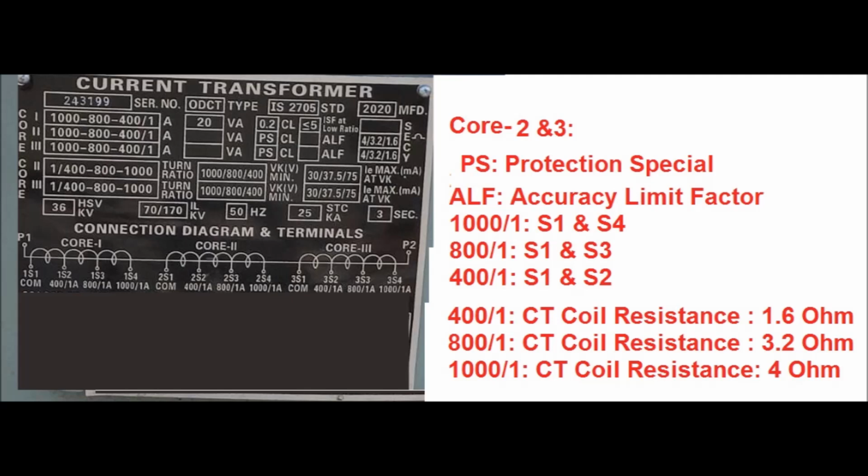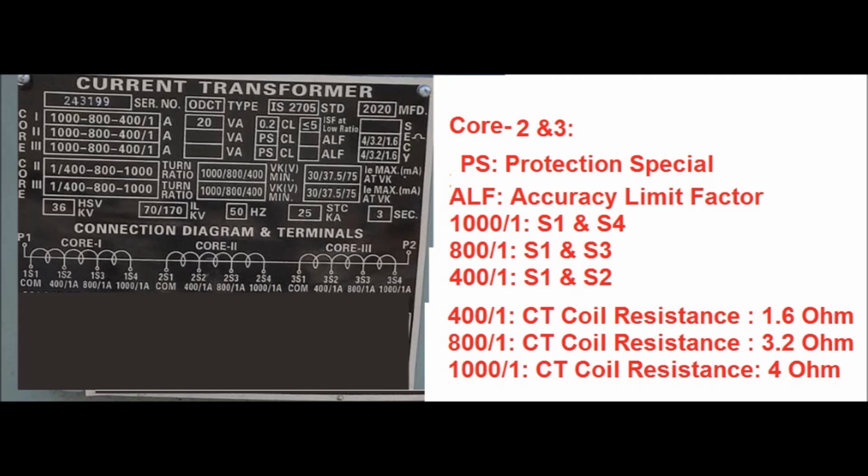If we want the 800/1 ratio, then we connect secondary terminals S1 and S3. If we want the 400/1 ratio, then we connect secondary terminals S1 and S2. Here S1 is the common terminal.